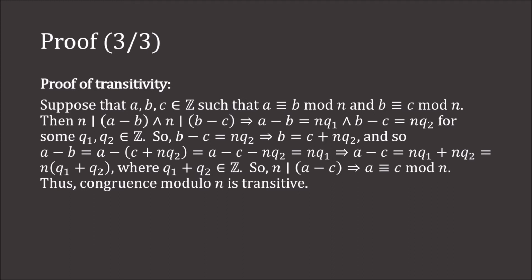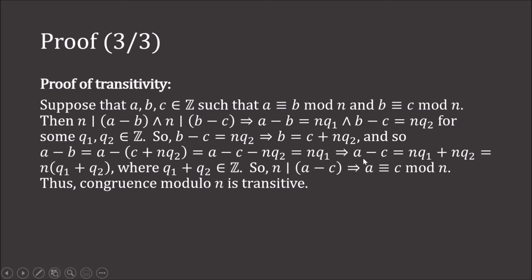So b minus c equal to nq2 implies that b is equal to c plus nq2. And so if we now substitute this b into here, we have a minus b is equal to a minus the quantity c plus nq2, which equals a minus c minus nq2. And that has to equal nq1.